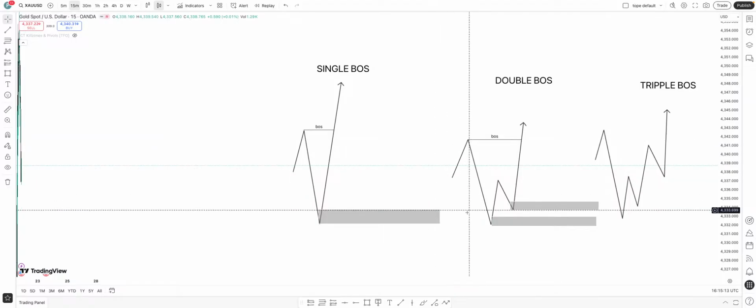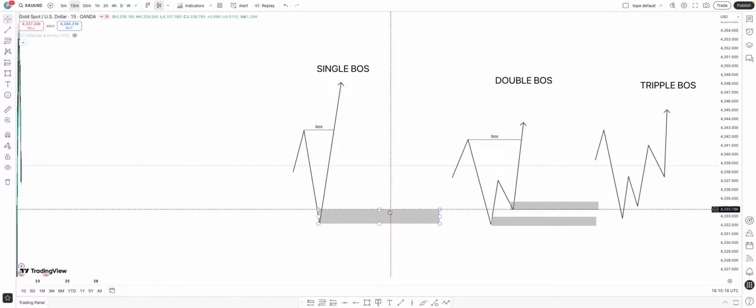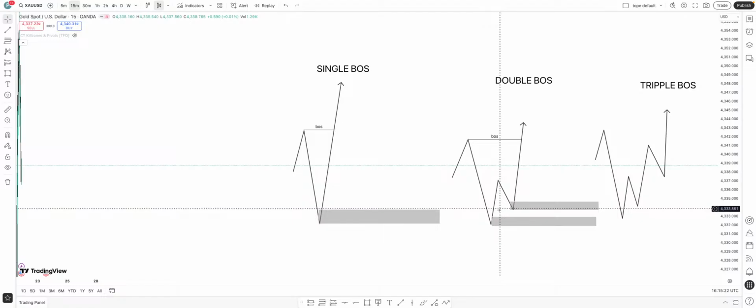Okay, so in the single leg break of structure, we have just 1 point of interest. In a double leg break of structure pattern, we have double point of interest. You get it, we have double point of interest.